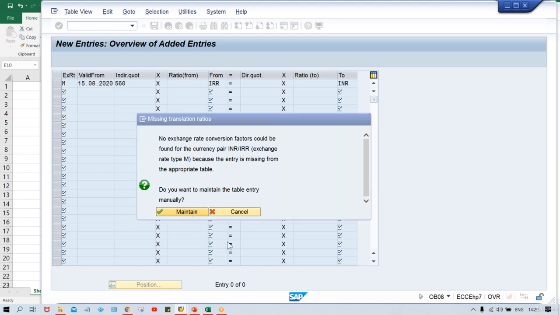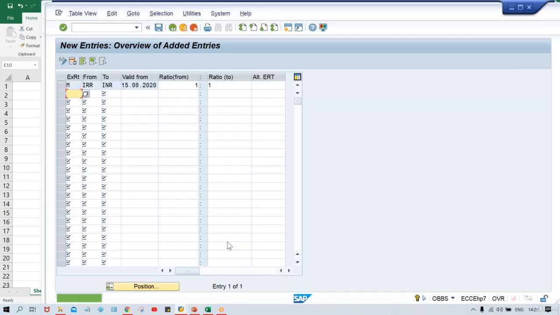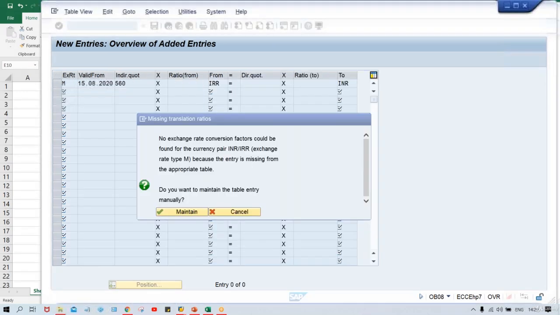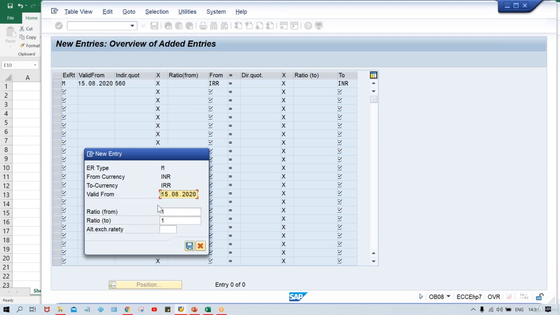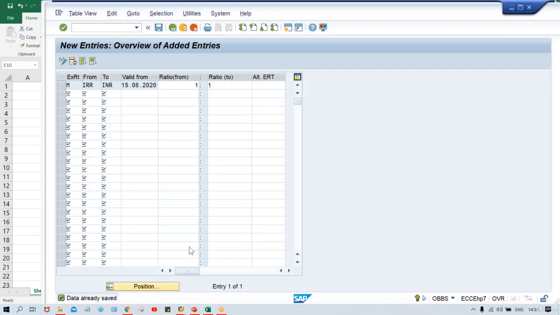Okay. Have I saved this? I think I have not saved. Is it saved or not? This is saved, yeah. So why is it like this? Maintain INR, it's okay, save it here itself. The currency is locked by user. Okay, it's locked by me here.